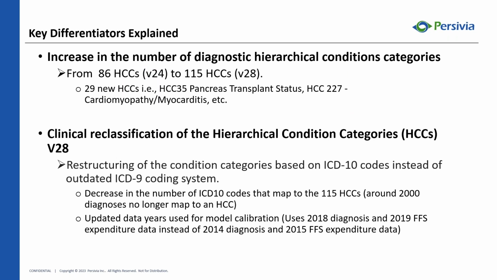Okay, so as already mentioned, there is an increase in the number of HCCs, and this is to capture more specific health conditions that accurately represent the health conditions of beneficiaries. So for example, we have the new HCC 35, which is the pancreas transplant status, HCC 227, which is the cardiomyopathy, and so on. Then there is the clinical reclassification of the HCCs, which means there has been a restructuring of the condition categories based on ICD-10 codes instead of the outdated ICD-9 coding system.